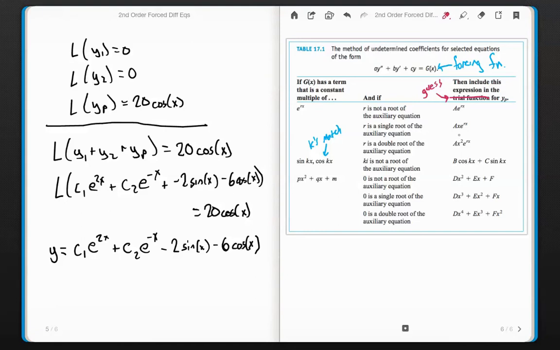But every time I have already used my root, I have to use another value of x. So if I used r twice, I have to add 2 more values of x. Same deal here. If I didn't use it, I can just use some polynomial that looks like this. If I already used 0 as a root, then I have to add another power of x to get this. And if I used it one more time, like this.